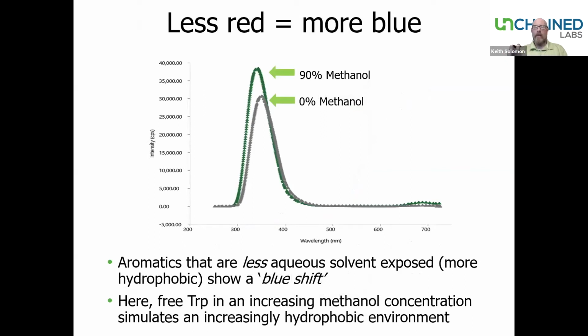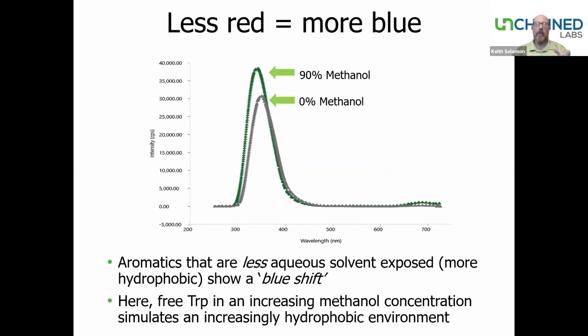The environment of that aromatic residue matters a great deal with regards to the emissions profile. And here's a pretty clear example of how changing the environment around an aromatic can alter the emissions profile. In this particular case, we have pure tryptophan in solution, either in water or in 90% methanol.